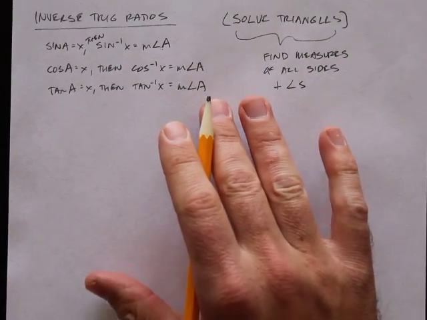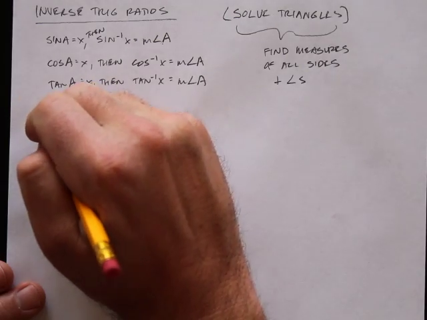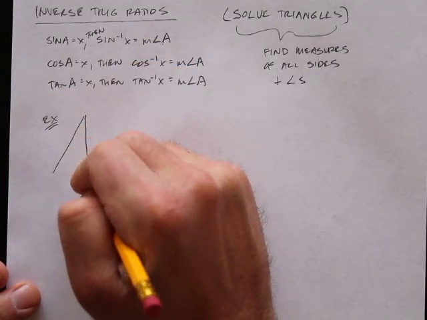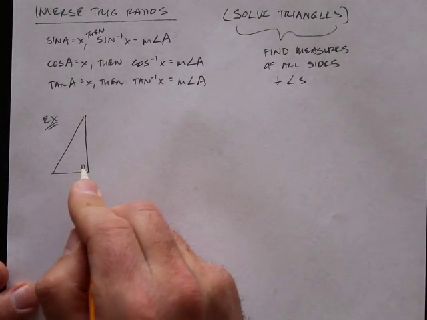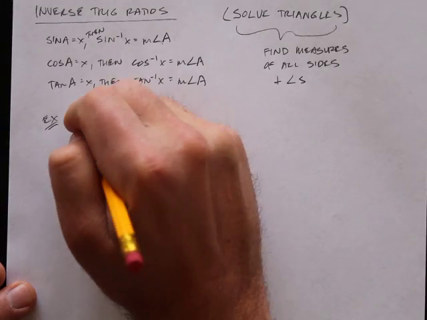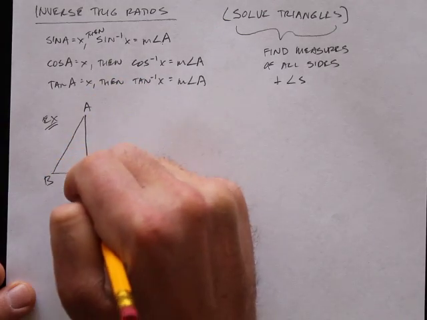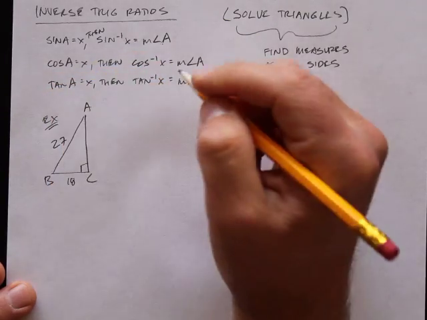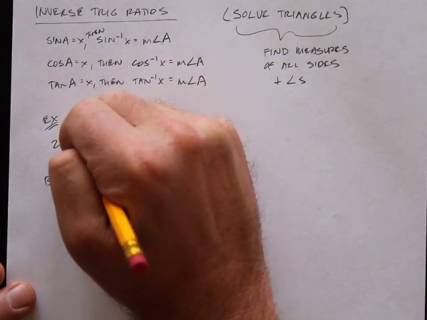All right, so here we're going to have two triangles to do. We're going to do an example, and then we're going to do a U-try. So here is the first triangle we're going to do together. This is triangle ABC. BC is 18, AB is 27, and angle A is 42 degrees.